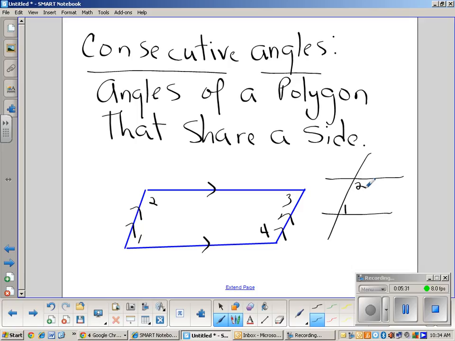So, we'll talk in a few minutes about how we know this is a parallelogram, but I want to talk about some of the properties of this and what this means. So, I could take whatever the value of angle 1 is and add it to the measurement of angle 2. So I could say the measure of angle 1 plus the measure of angle 2 all has to total 180 degrees. Okay? Those are consecutive angles.